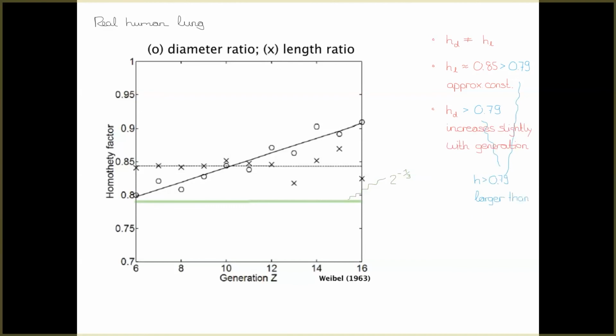And this being larger than the optimal value is actually a good thing for a safety reason, as I said before. So now we are really in this safe region where the sensitivity of the resistance on changes of these reduction factors is small.